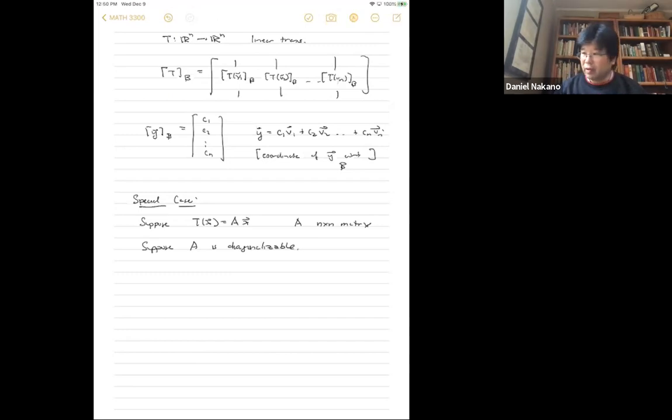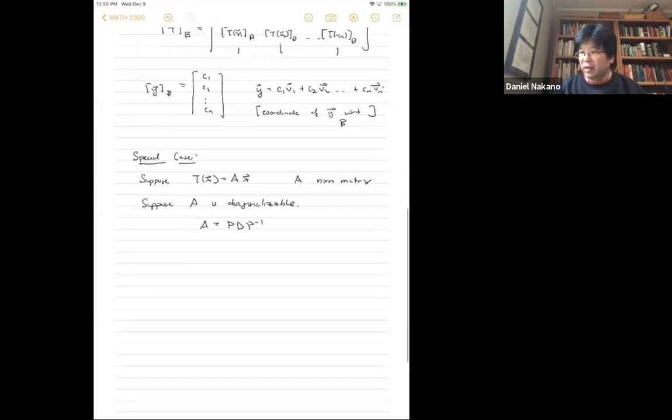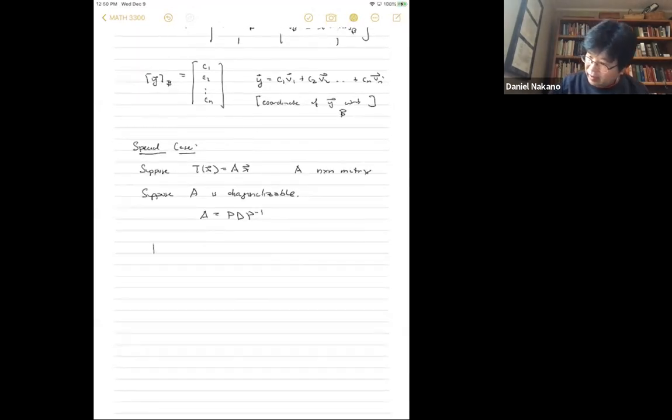That means that A is equal to PDP inverse, right? And recall that D is obtained by taking the eigenvalues, lambda 1 up to lambda n, down the diagonal.